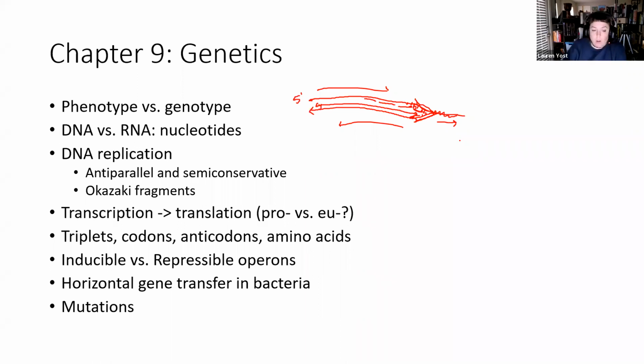But basically, inducible operons are ones where you don't want to be making an enzyme that's related to breaking something down if it's not there to be broken down, right? So that's the idea.